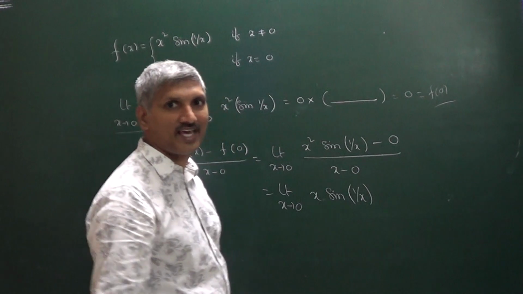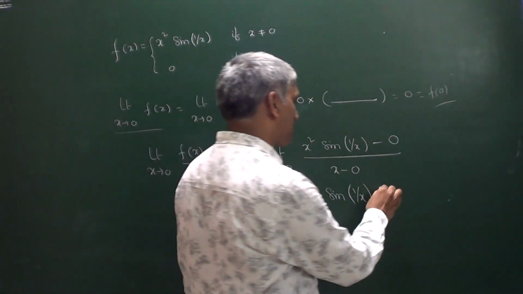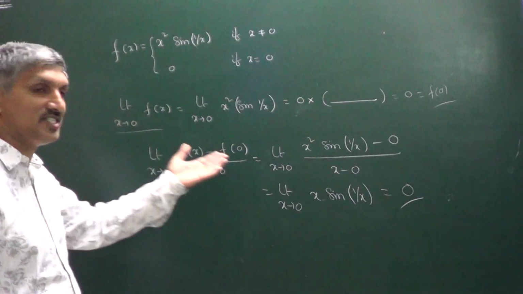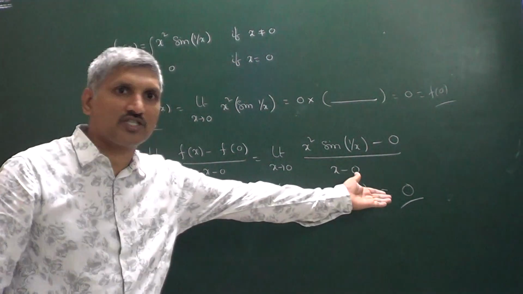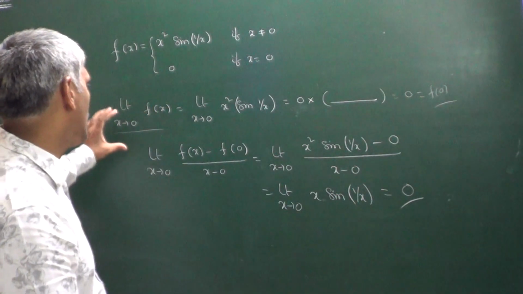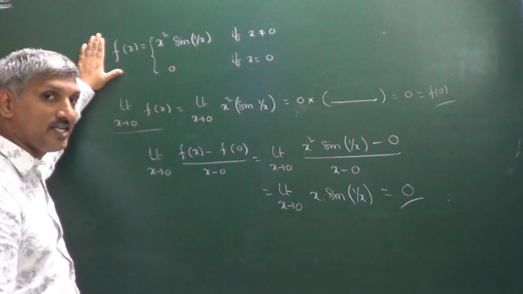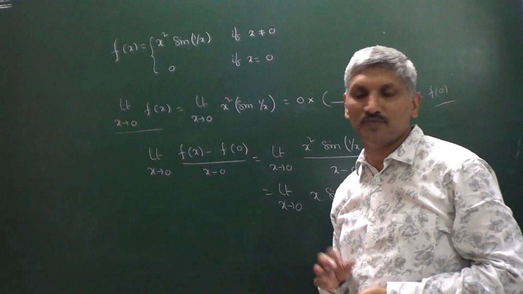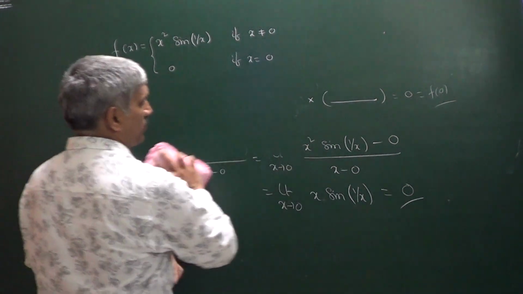So we are getting the same 0 into a finite value. So it becomes 0. Right? So here the function is differentiable at x is equal to 0 because limit exists finitely. So we can say the function is differentiable at x is equal to 0. This function is continuous and differentiable at x is equal to 0. So that means it is continuous and differentiable everywhere.